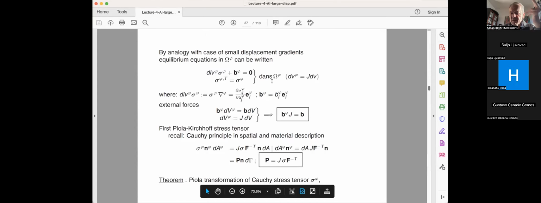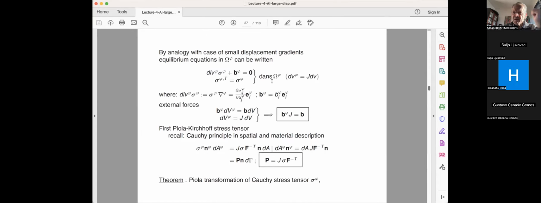The only difference, I will stick phi to everything, just to recall that I have now a deformed configuration. So this could be written for the force equilibrium equation, that is divergence phi of sigma phi plus b phi equal to 0. And then the moment equilibrium equation, which implies symmetry of the Cauchy stress, which is written sigma phi transpose equal to sigma phi. This is expressed for the infinitesimal element of volume in omega phi, which I write dv phi, which could be written as j times dv.